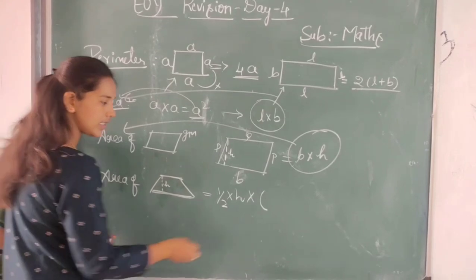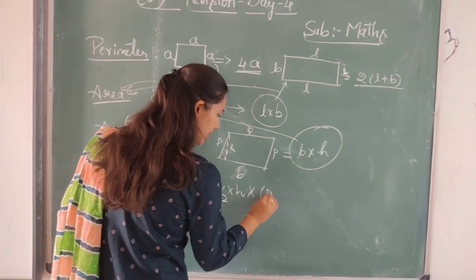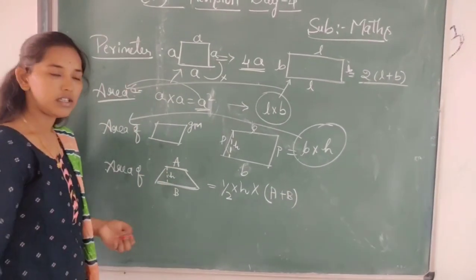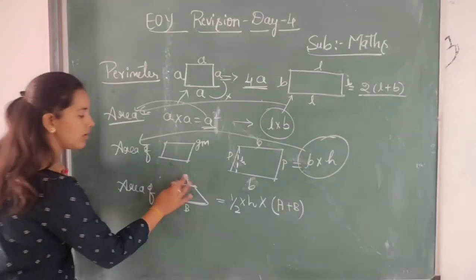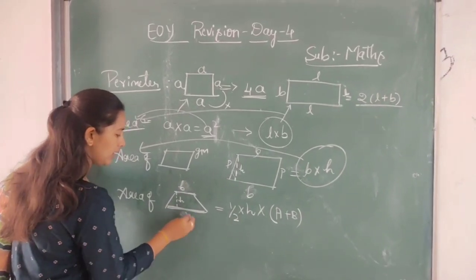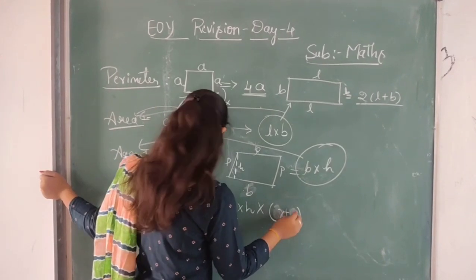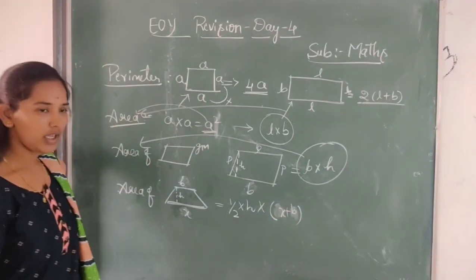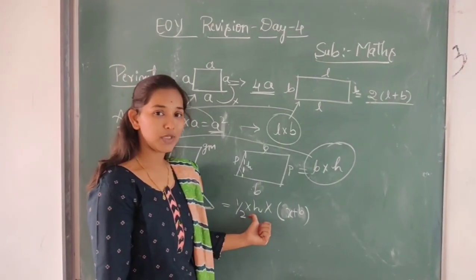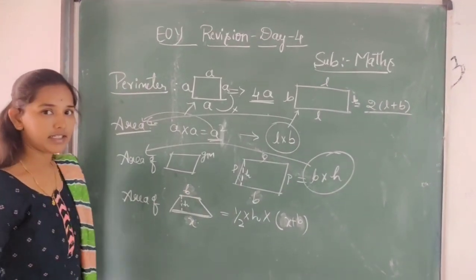These two are the parallel sides. I am taking this as B and this as X. So the area of a trapezium is half into H into (X plus B), where H is the height and X plus B is the sum of the two parallel sides.